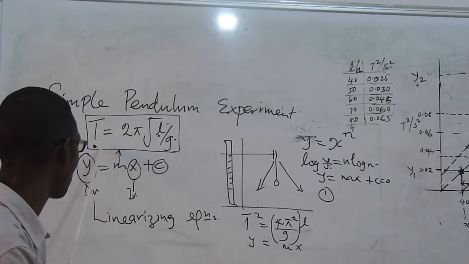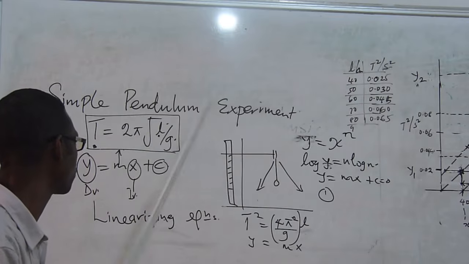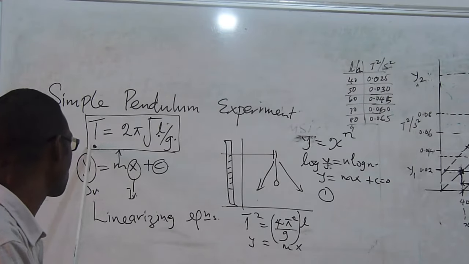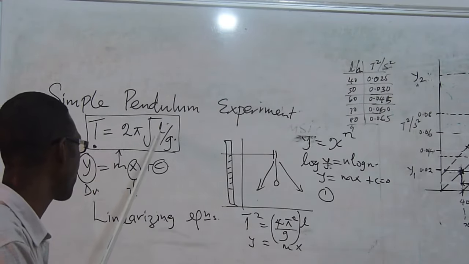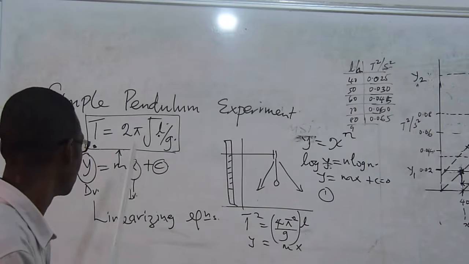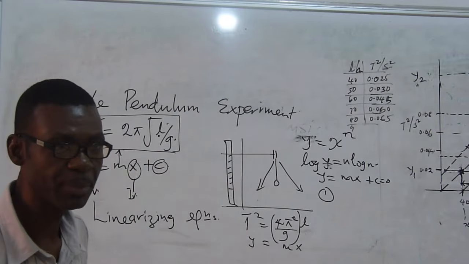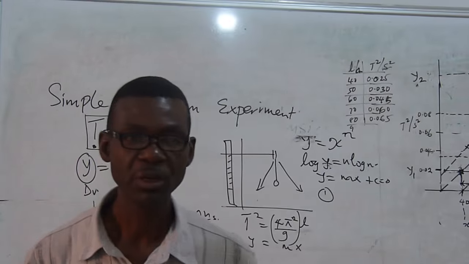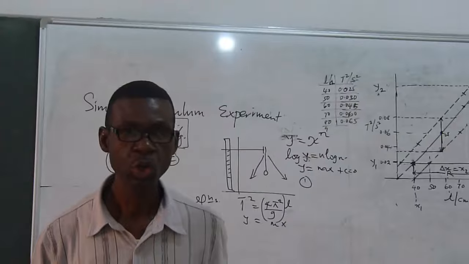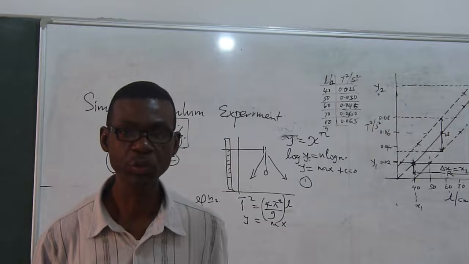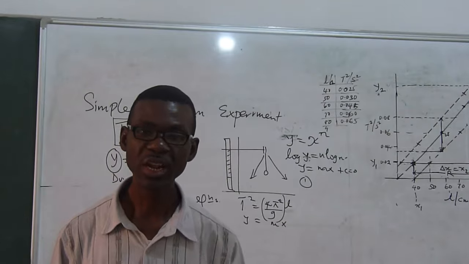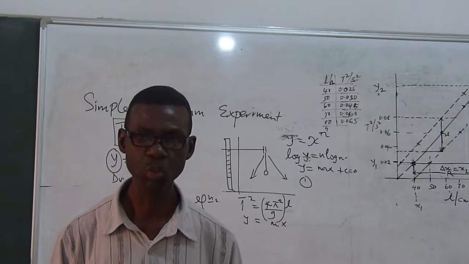Now, this equation, as you look at it, is not a straight line equation, because this is T equals 2 pi root L over g. Now, most of the time at this level, when we have an equation like this, it is required of you that you do what? You linearize the equation.